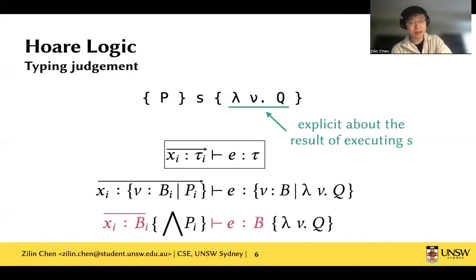We can observe that the pink part of this judgment is actually the typing judgment for a simply typed language. And this judgment is augmented with two propositions. One is on the context, and one is on the result of evaluating E. This mimics the structure of a Hoare triple.